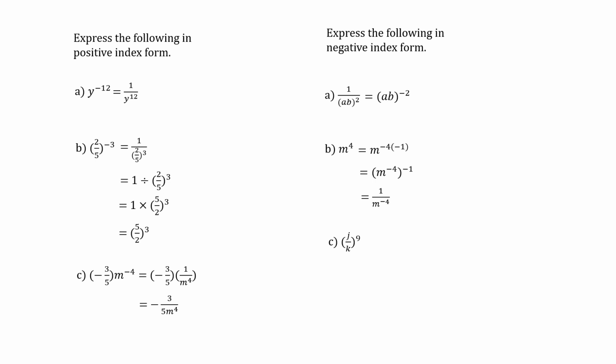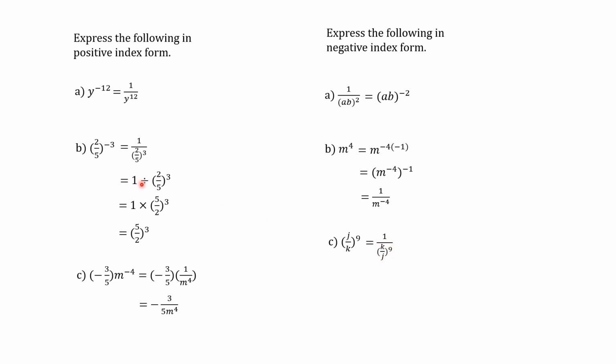For question C, j over k to the power of 9. You can write it as 1 over k over j to the power of 9. The question is something like this type. When you have this, you have to flip.